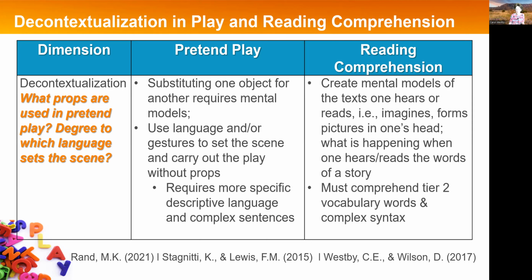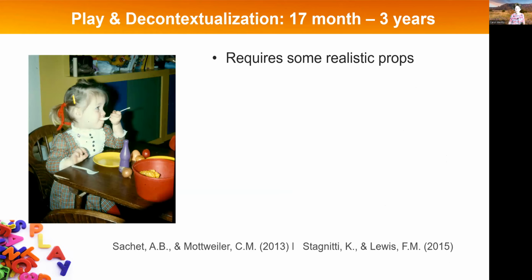As I mentioned earlier, Perfetti said you have to be able to create mental models in your head of those stories you're listening to or reading. In pretend play, children are getting practice creating those mental models. And in comprehending the stories you're listening to and reading, you've got to develop more complex vocabulary, understand more complex syntax.